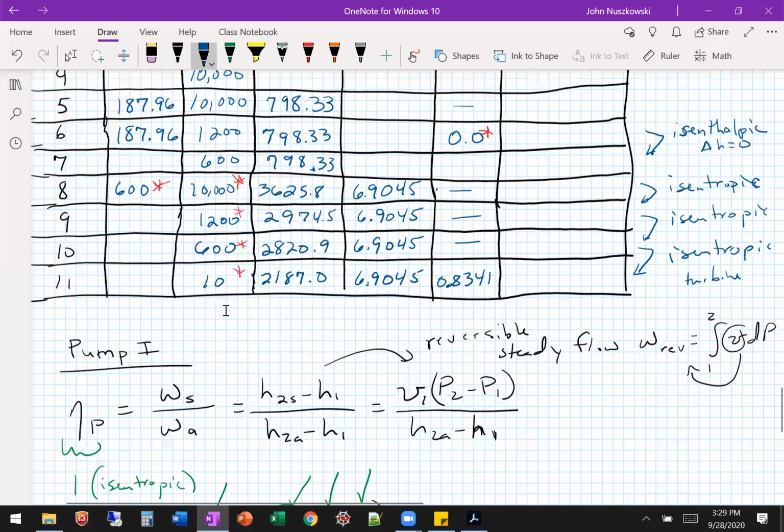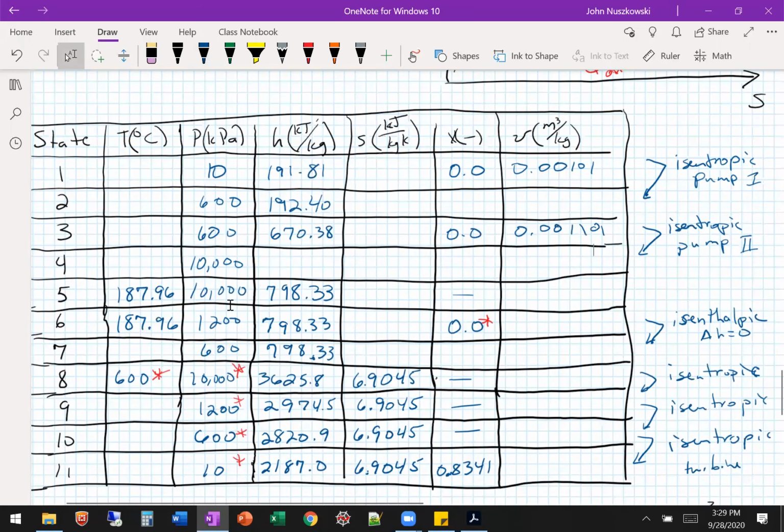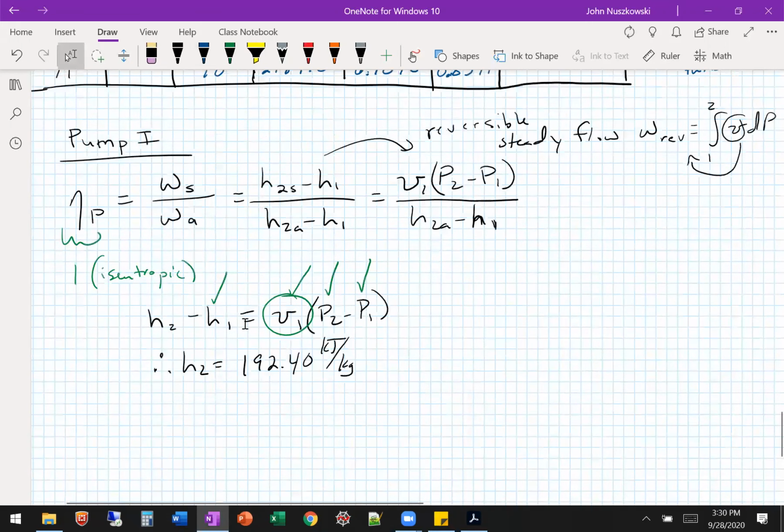That's 0.001101. There you go. All right, so we do pump 2.